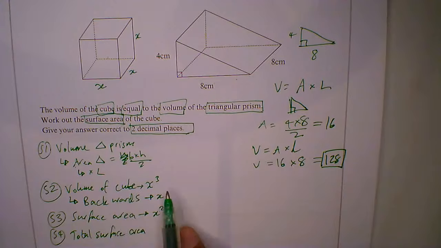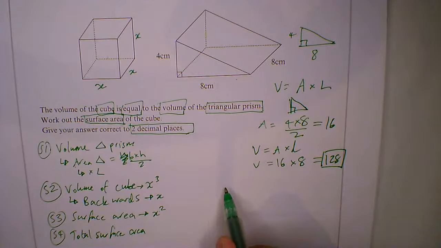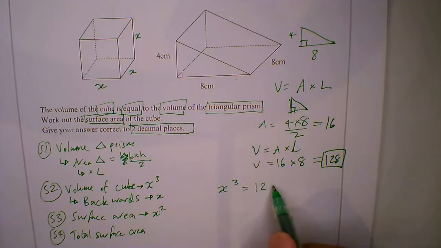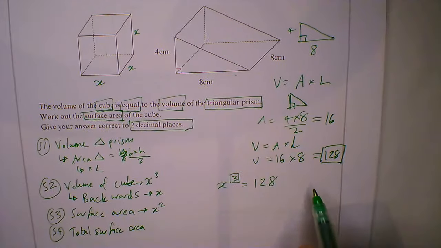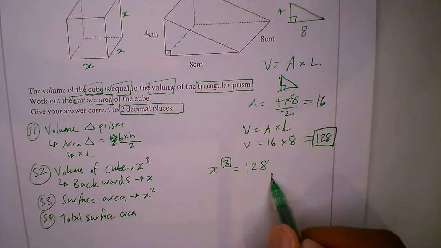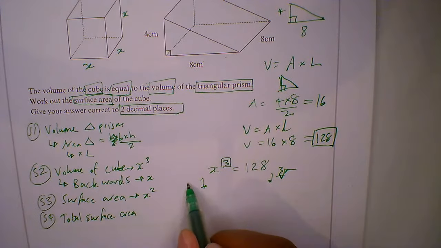Now I need to go backwards. So the volume of a cuboid, because these are equal, x cubed equals 128. So going backwards, what's the inverse of cubing? It's going to be the cube root.